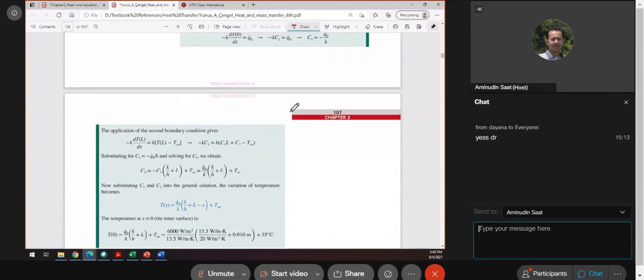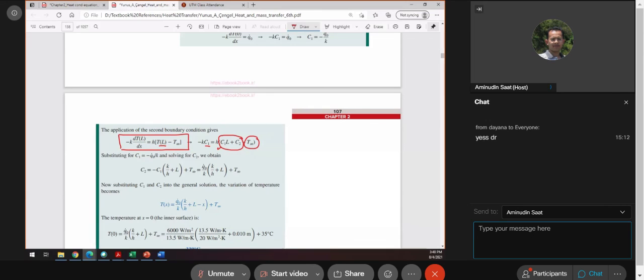First they take the second boundary condition, and then they replace the terms with the C1 and C2 terms. So dT/dx is replaced by C1, and TL you replace with C1L plus C2, as we just did, and T infinity and h are maintained as they are.